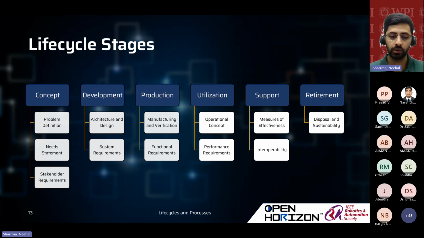You identify your stakeholders, you take a big bunch of requirements from them, what they want, and then you craft a need statement, which is very similar to a problem statement, but it also encapsulates the needs of the stakeholders. So if a problem statement is we want to build a bridge which uses suspension, a need statement would be we want to build a bridge which has suspension because this stakeholder needs this functionality, this stakeholder needs this functionality.